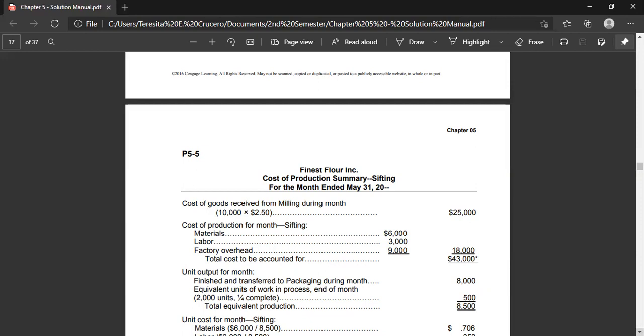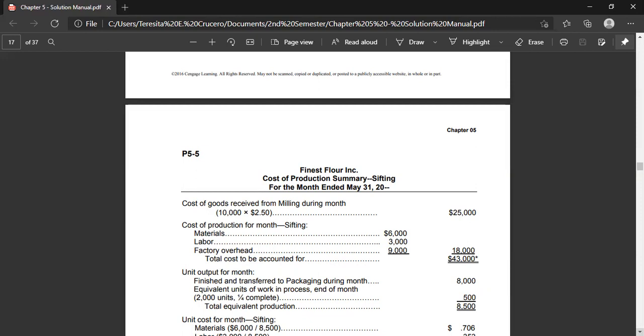So, okay, unit output for the month. We now get finished and transferred to packaging during the month 6,000, and we have materials, labor, and overhead total of 18,000.